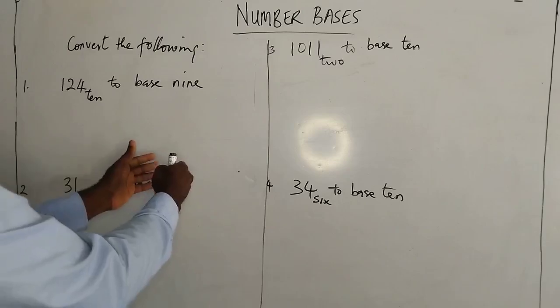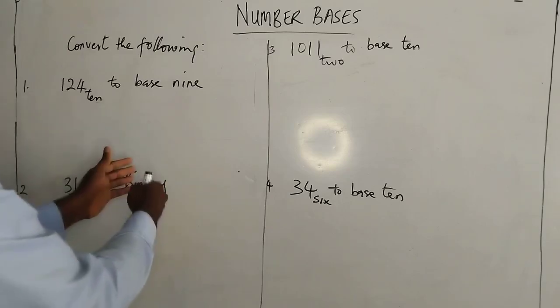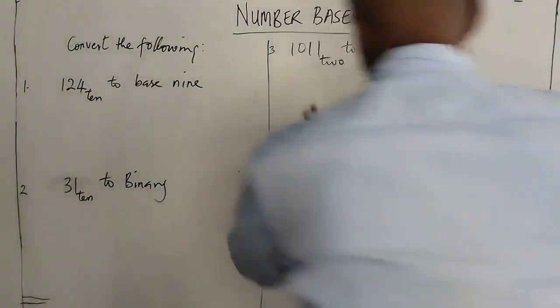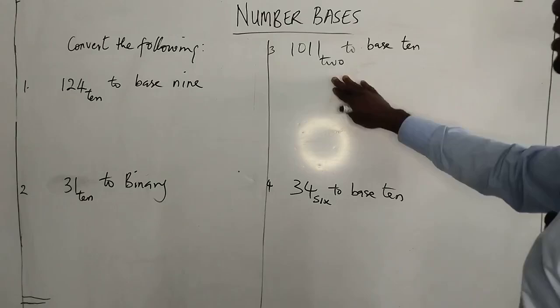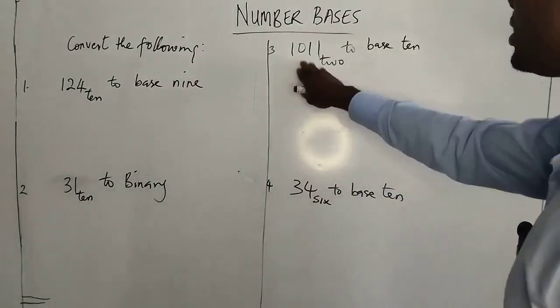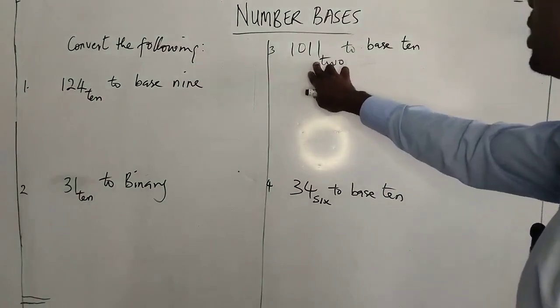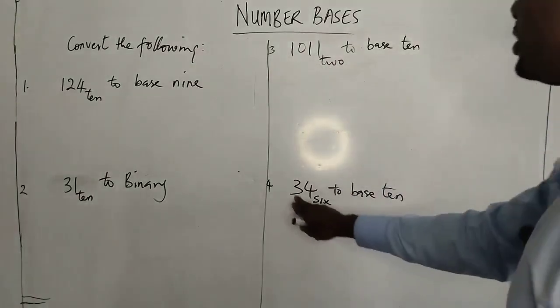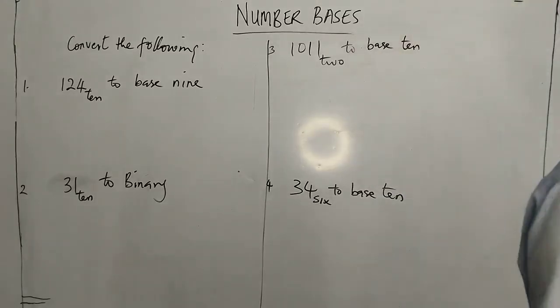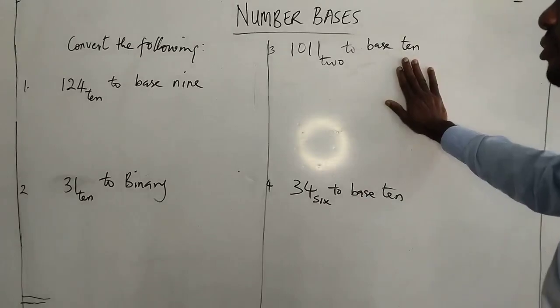Remember, other bases are from 2 to 9. While this part of the board looks at numbers that are in other bases, 1011 base 2 and 34 base 6, being converted to base 10.